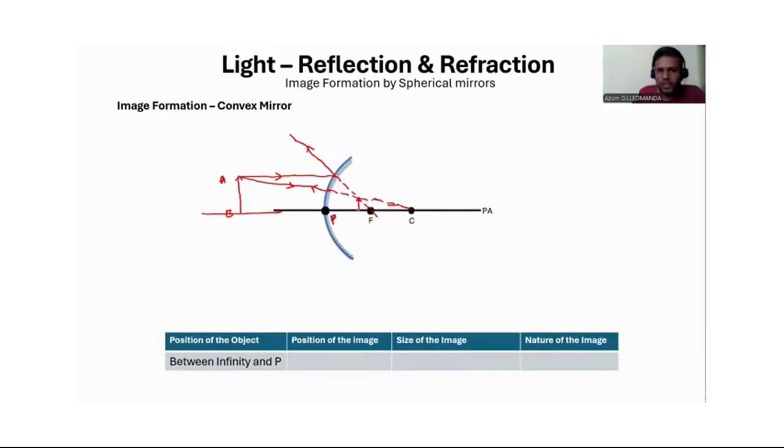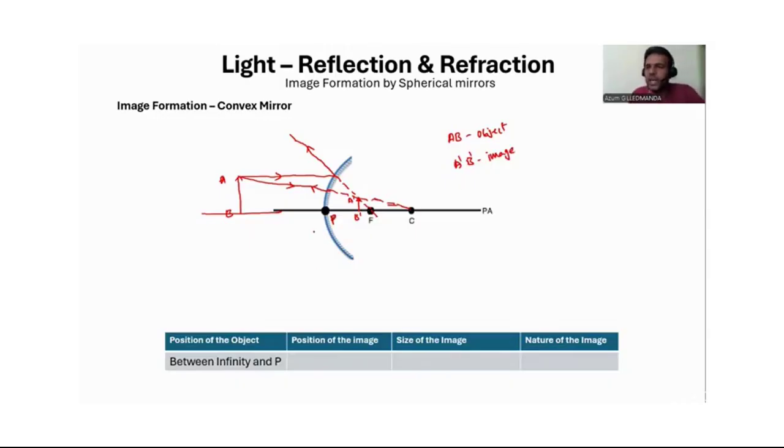That means this is my A dash B dash, which is forming behind the mirror. That means it's a virtual image. And what is the size of the image? It is smaller than our original object, right? AB is the object here, which is bigger, and A dash B dash is our image, which appears smaller than our object.